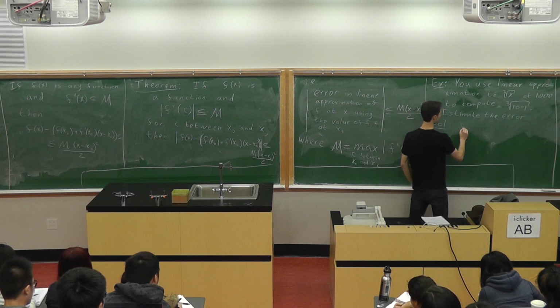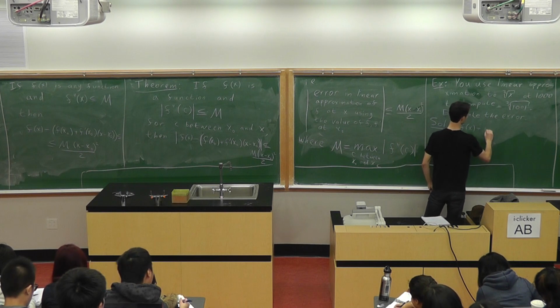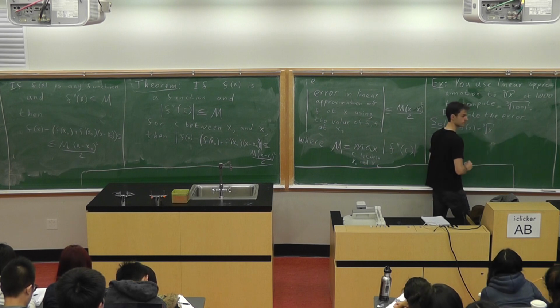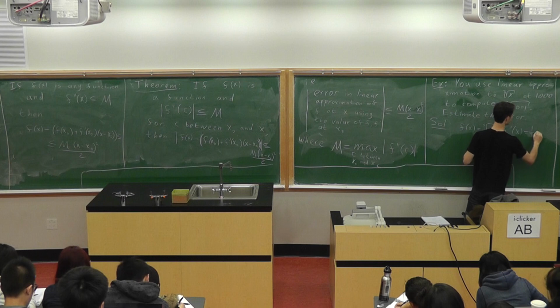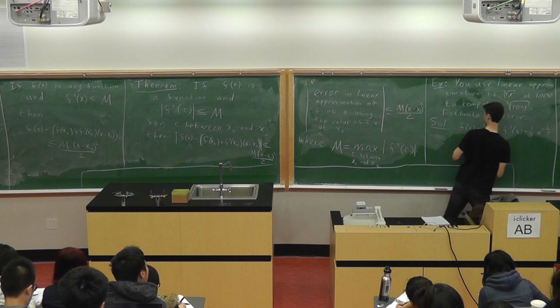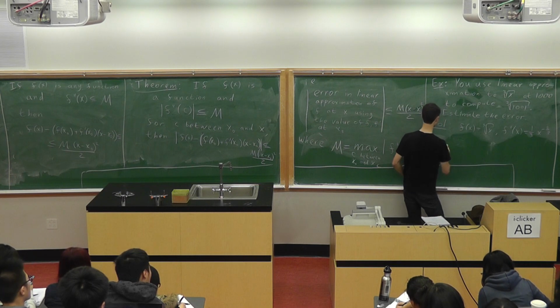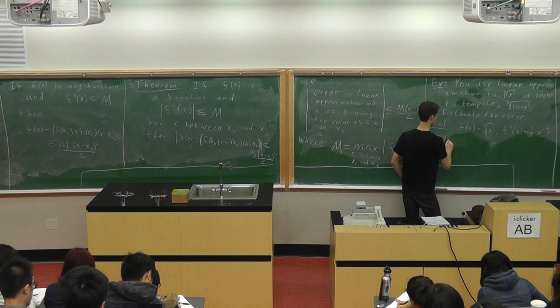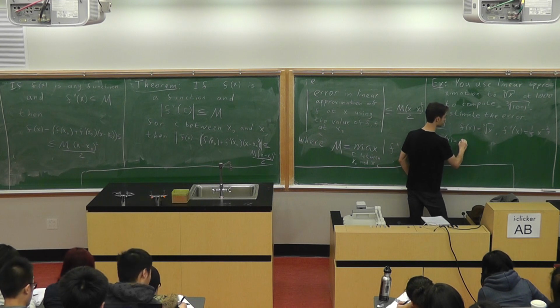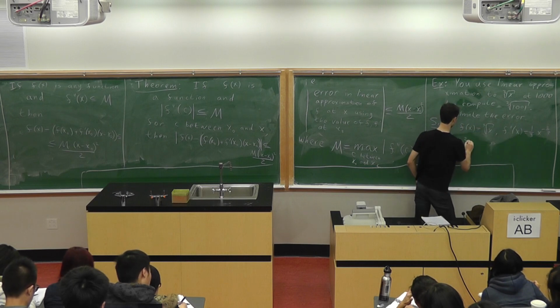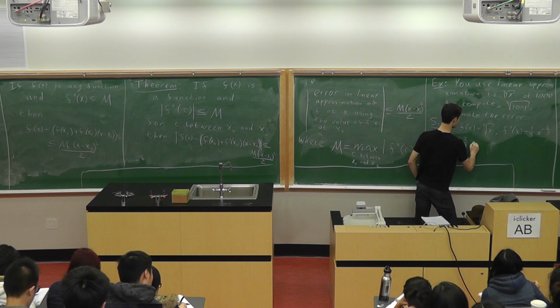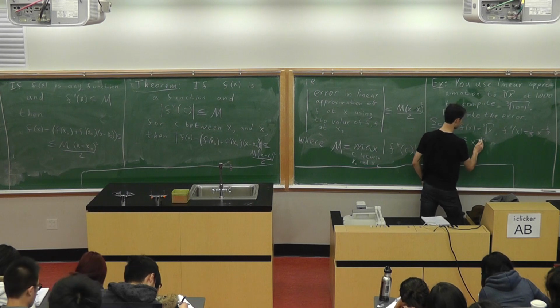Solution. My function is the cubic root of x. Its derivative is 1/3 x to the minus 2/3. The second derivative is minus 2/9 times x to the minus 5/3.